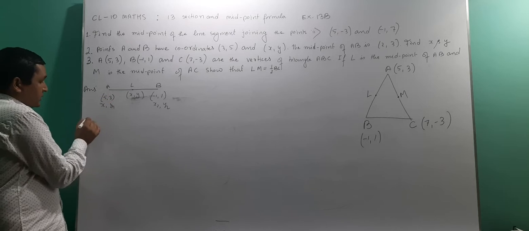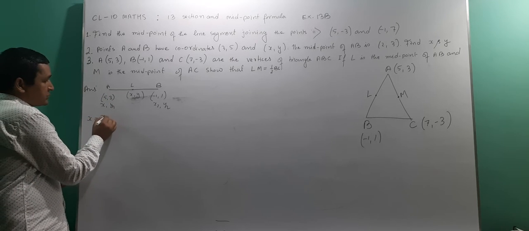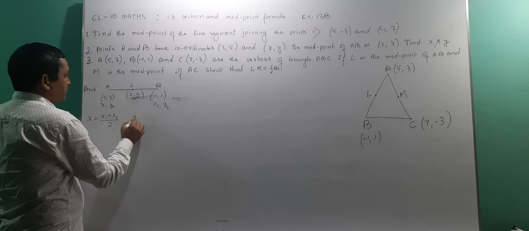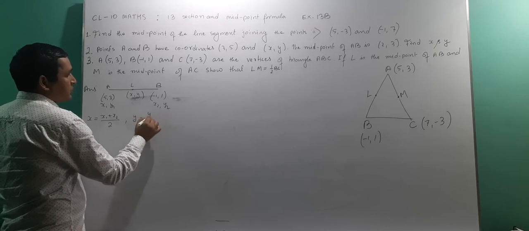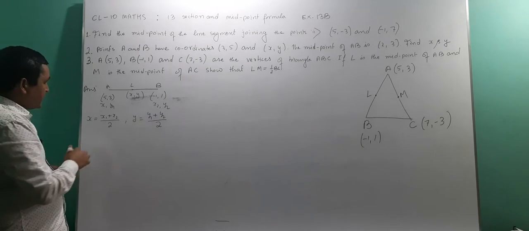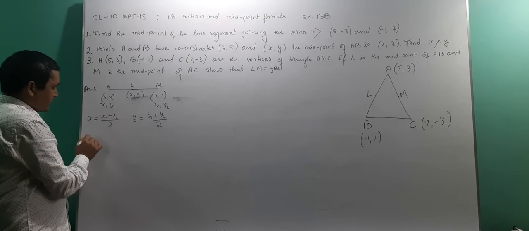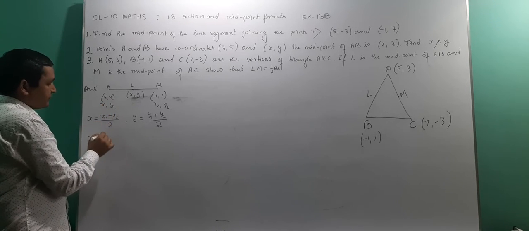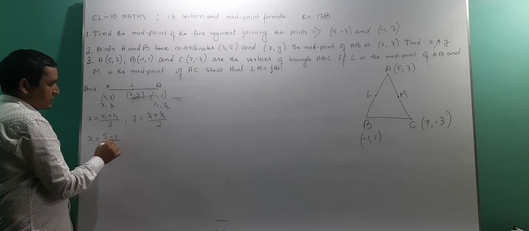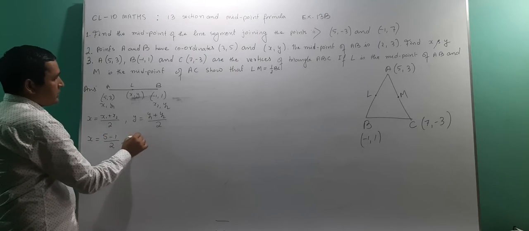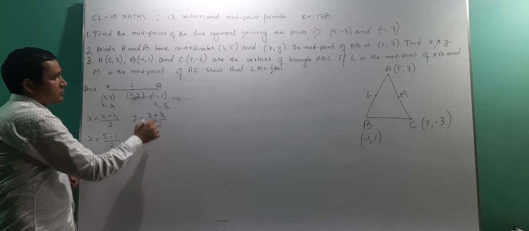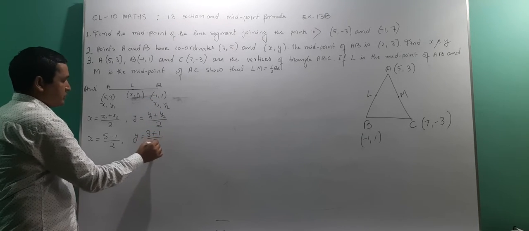According to the midpoint formula, x equals (x1 plus x2) divided by 2, and y equals (y1 plus y2) divided by 2. Here x1 is 5 and x2 is -1, so x equals (5 plus -1) divided by 2. y1 is 3 and y2 is 1, so y equals (3 plus 1) divided by 2.